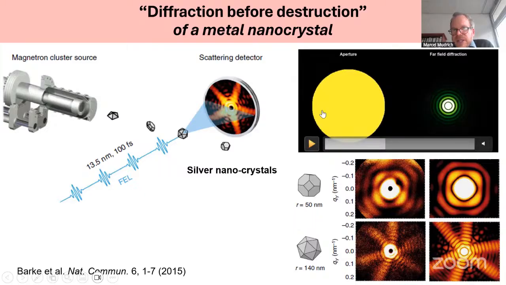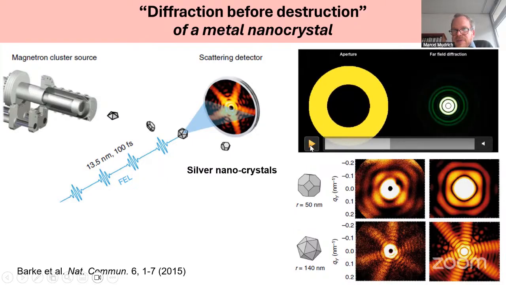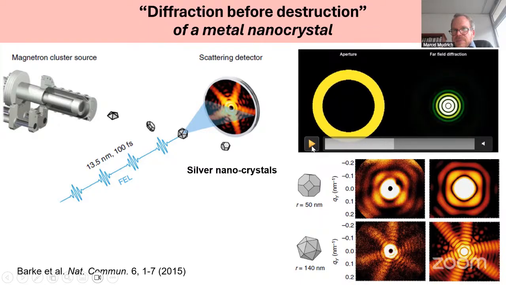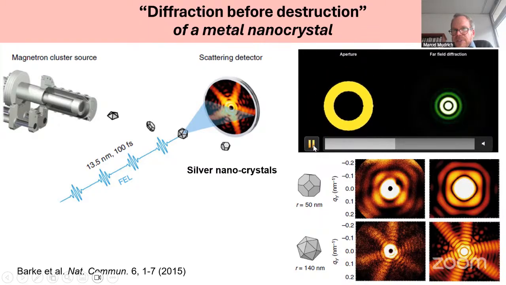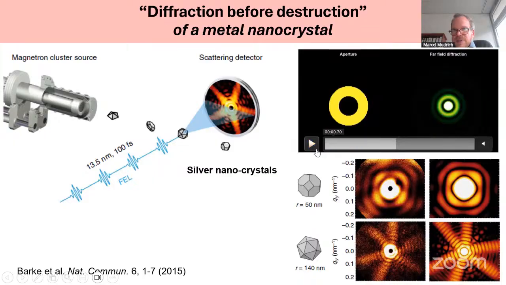If it's a large circular aperture, then we expect to see not just one bright maximum, but these diffraction rings. Then if it's hollow, okay, this is all again rings, but this still, of course, has circular symmetry.